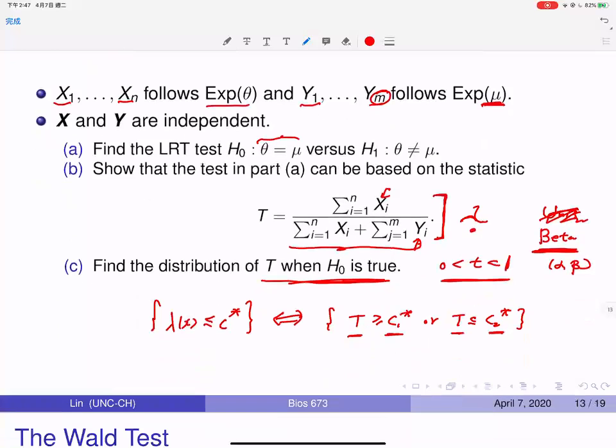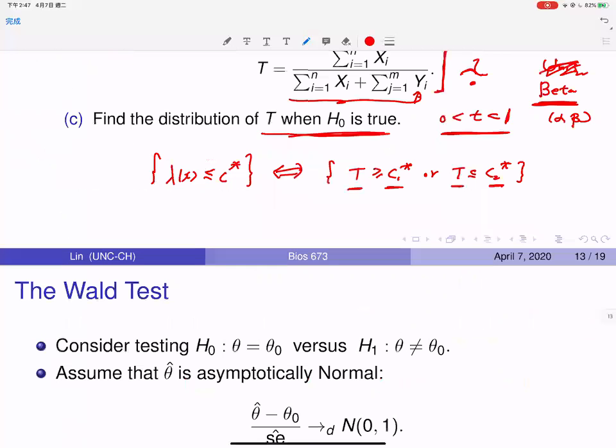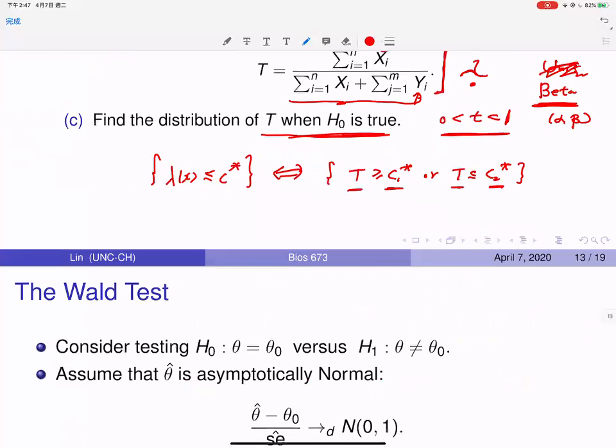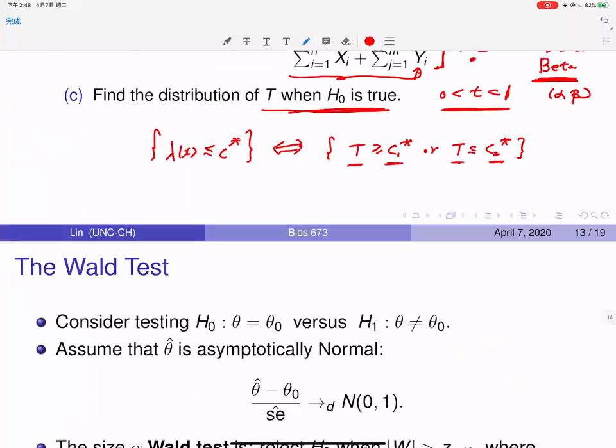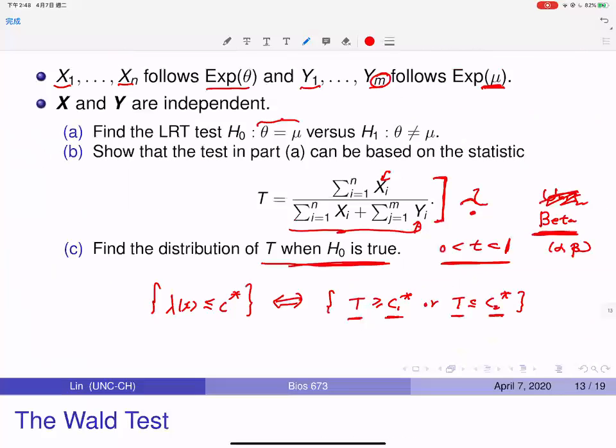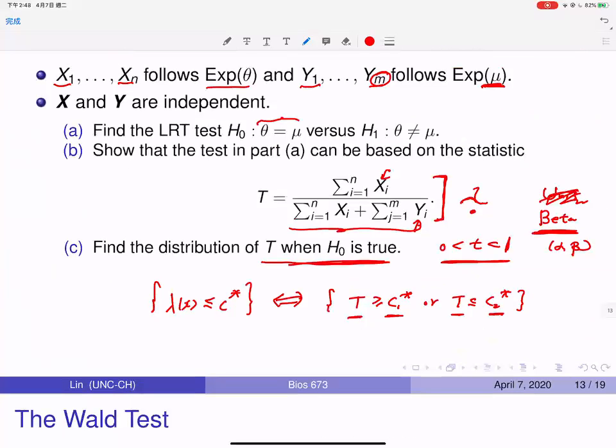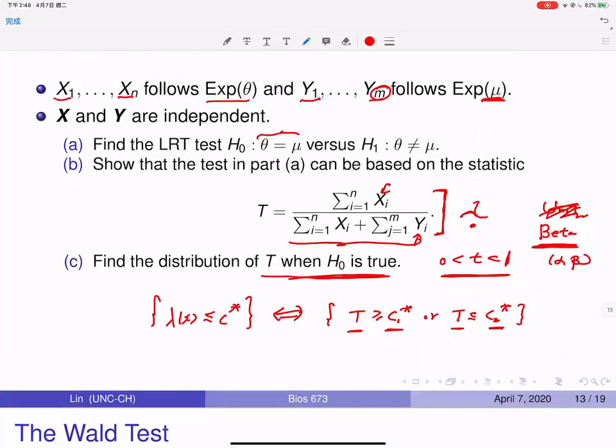Okay, so these are all complicated. I can even share with you even more complicated LRTs, but I think this is enough. The one thing I want to say is that LRT is so general.